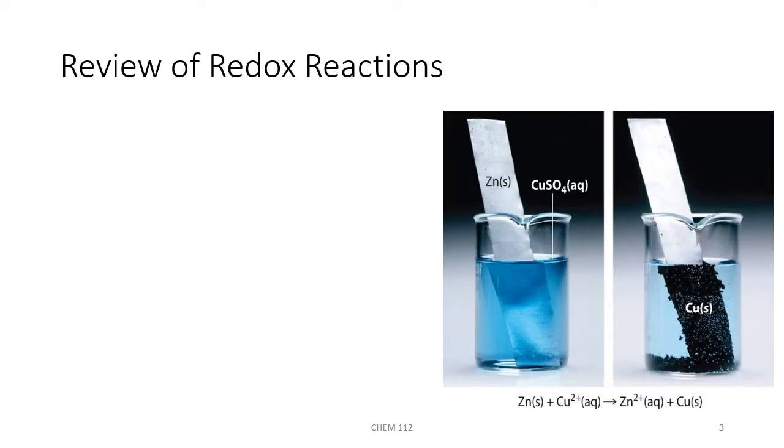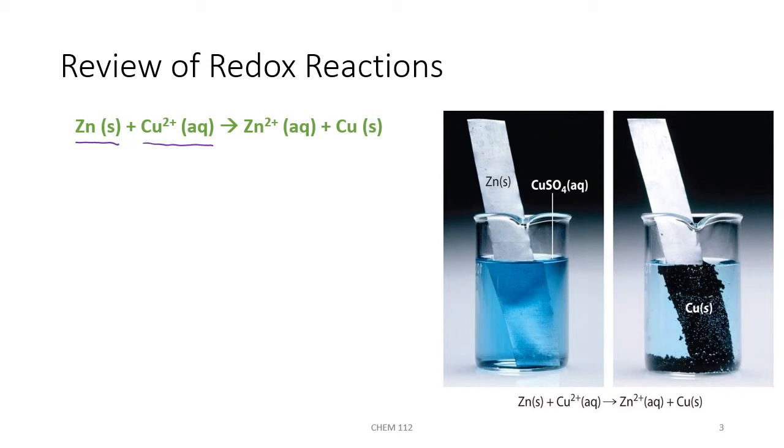Before we dive into electrochemistry, let's do a little bit of a review of what you would have previously learned about redox reactions. You might actually remember doing this experiment in Gen Chem 1. It's a very, very common general chemistry lab no matter where you took Gen Chem 1. So in this experiment, we would have taken solid zinc and dipped it into an aqueous copper solution where the copper is present as copper 2+.